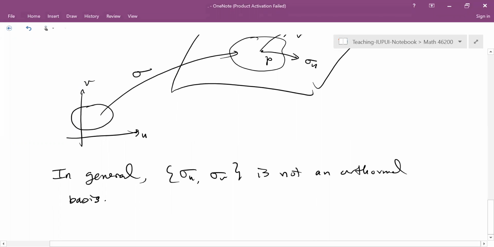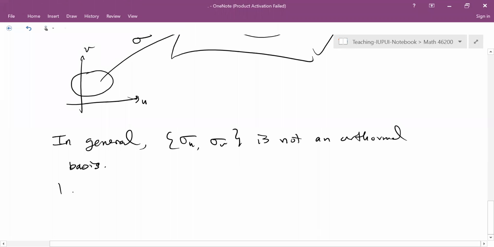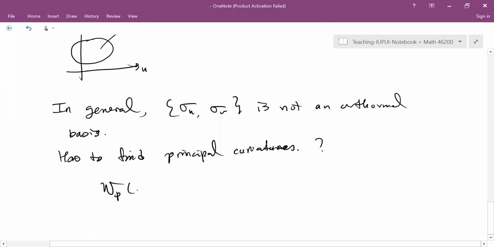So how to find the principal curvatures? Remember we already mentioned at the very beginning that you can find the matrix for an arbitrary basis.